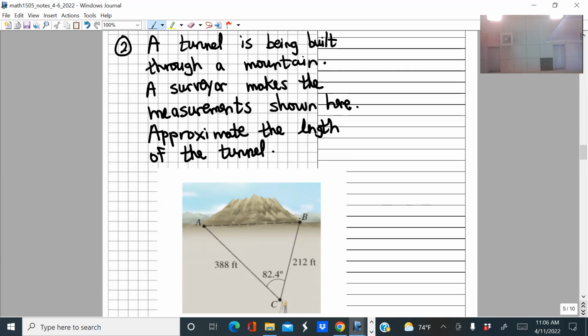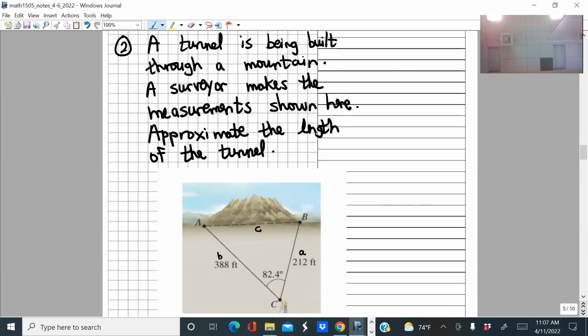I'm going to label the angles capital A, capital B, capital C, just to match up with the law of cosines. And this angle just happens to get labeled C. So what's the correct label for this side opposite? Yeah, lowercase c. This side would be b, opposite angle B, and this side would be lowercase a, opposite angle A in the picture.